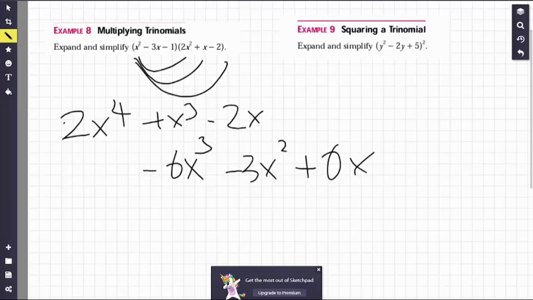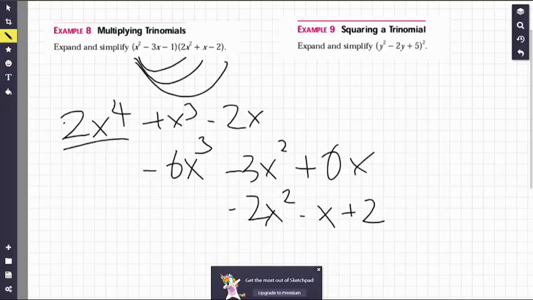And then on the last one, it's going to be minus 2x^2 minus x plus 2. And then eventually when we add all of these terms up, we're going to have a beautifully written entire thing.